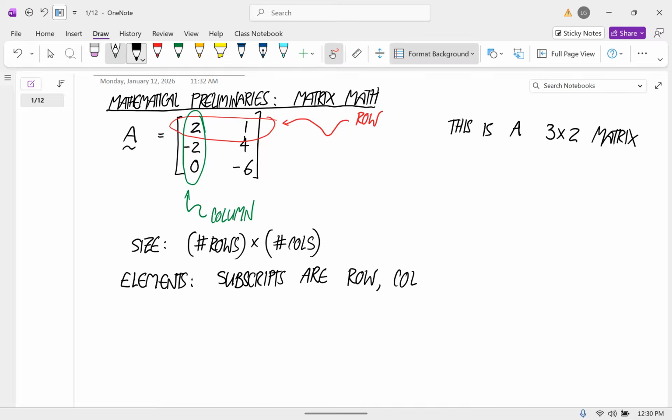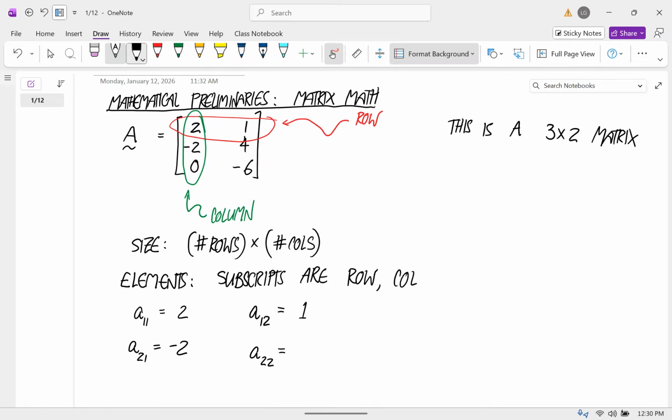So if we go through these 6 elements, the element A1,1 would have a value of 2. The element in the first row and now the second column, A1,2, is the value 1. A2,1 has the value -2.